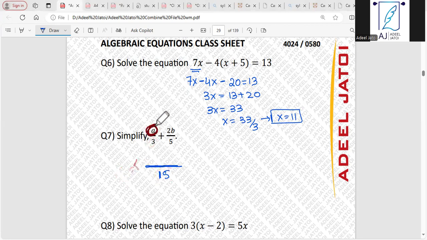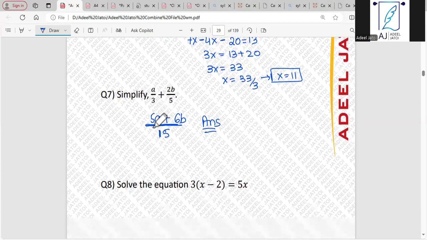So 5 will be multiplied by a, so the answer would be 5a. Good. 15 divided by 5 is 3. 3 into 2b will be 6b. You can't add 5a plus 6b, so 5a plus 6b upon 15 will be your answer for question number 7.